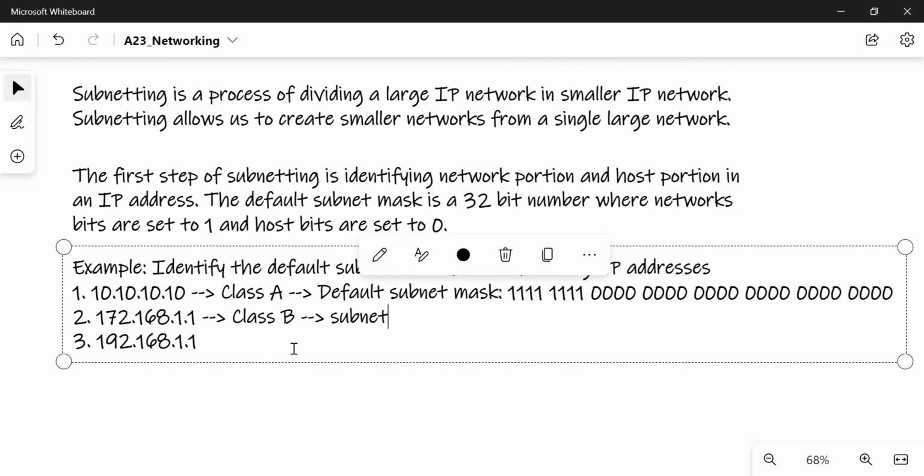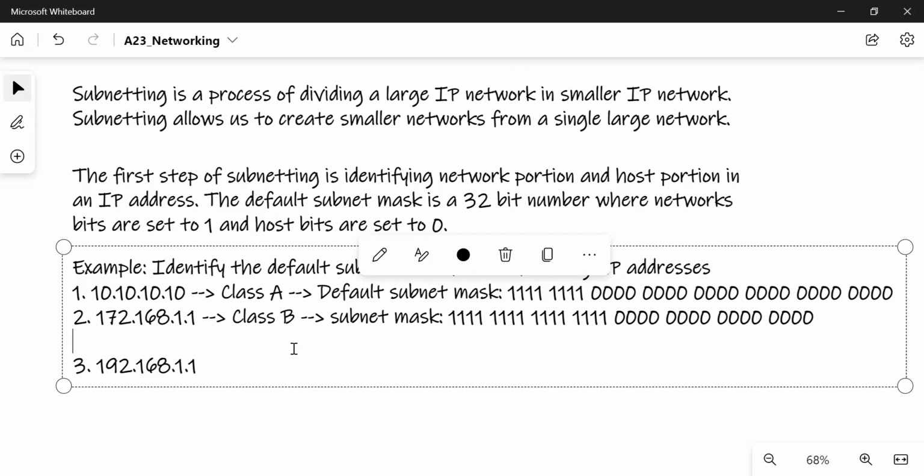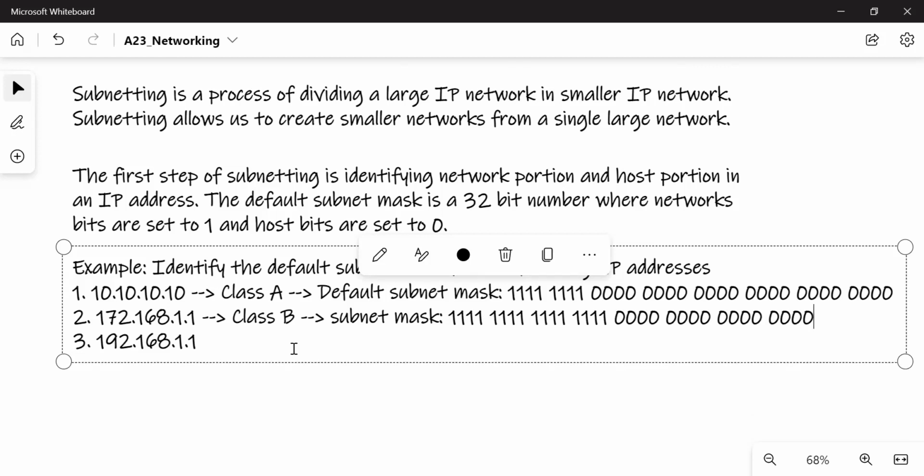I'm going to say subnet mask will be the first 16 bits 1, because this is allocated for network. Then the remaining 8 bits for the hosts.